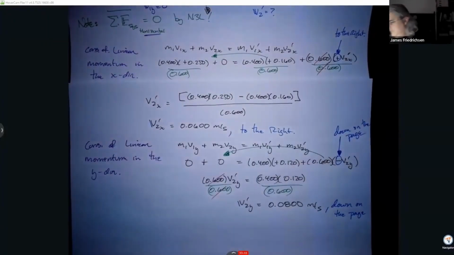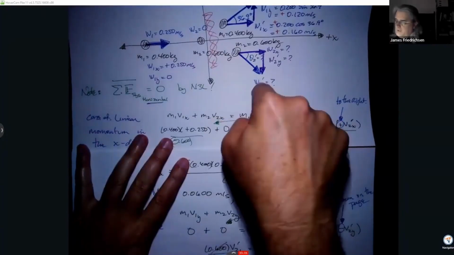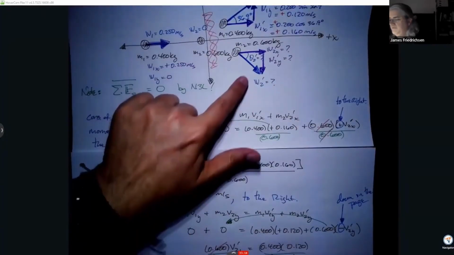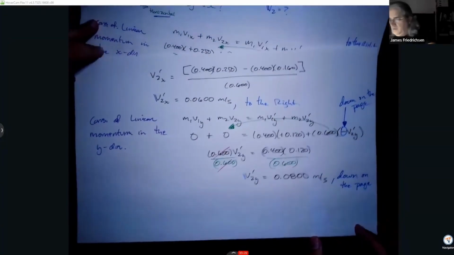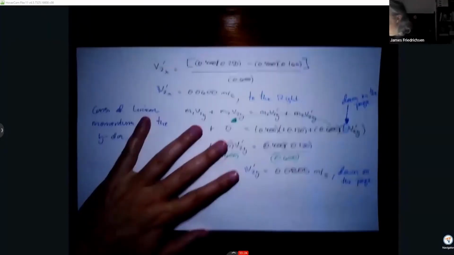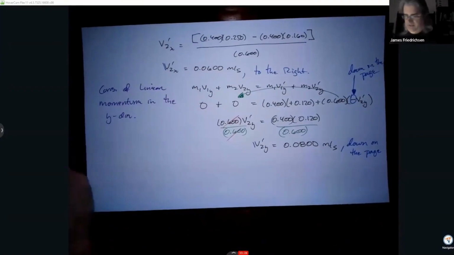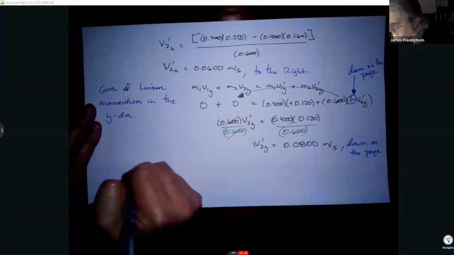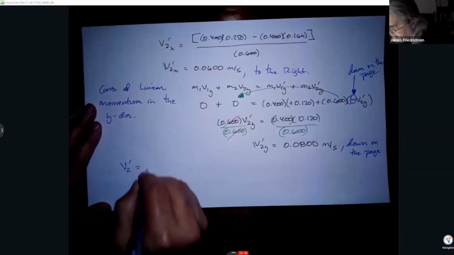Okay. So now we have the x and y components of the second ball's after-collision velocity. So we can find our magnitude and our direction. And so we're almost there. And so then let's go in and find v2', this magnitude.